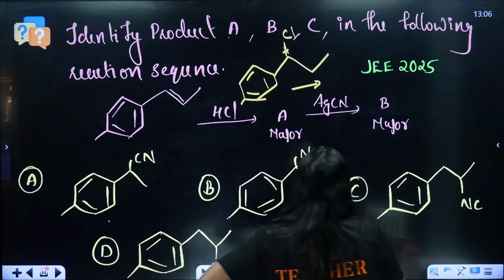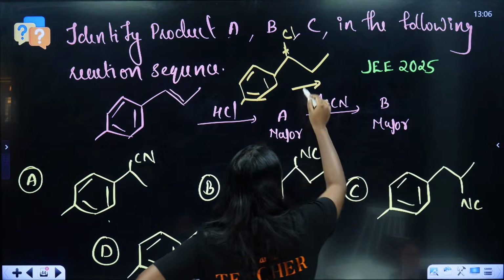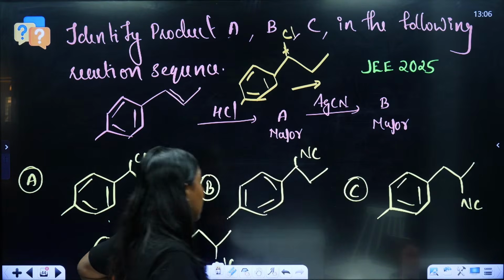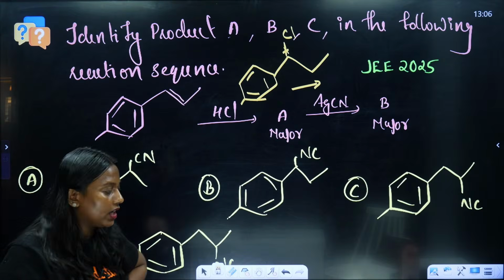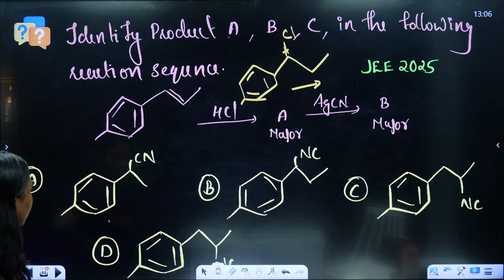If you react with AgCN, CN will come, not CN but NC. NC you will get.